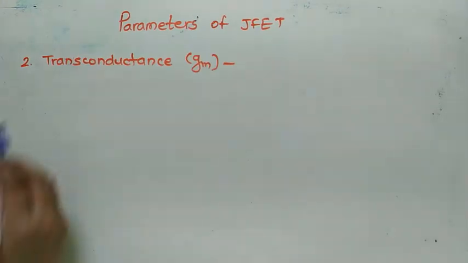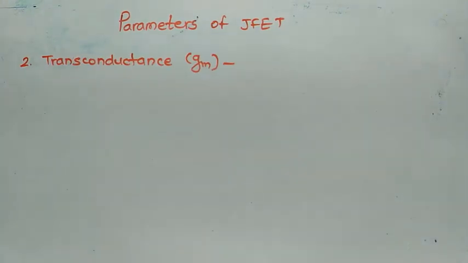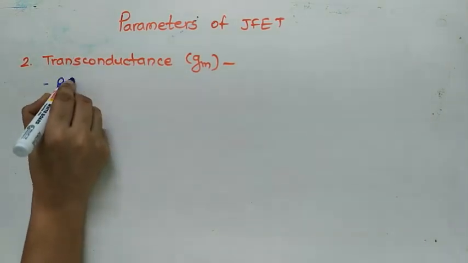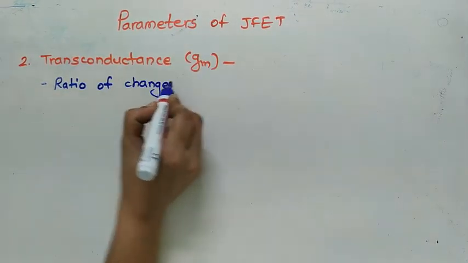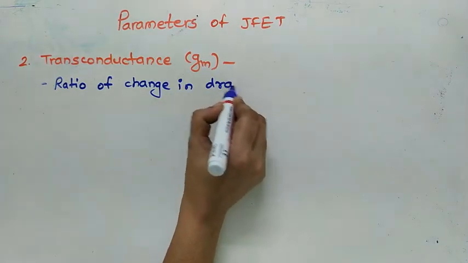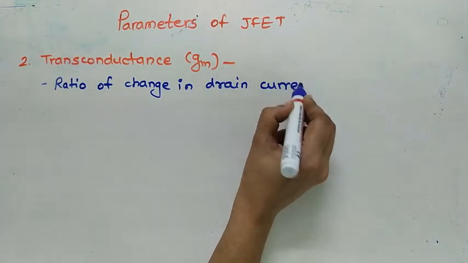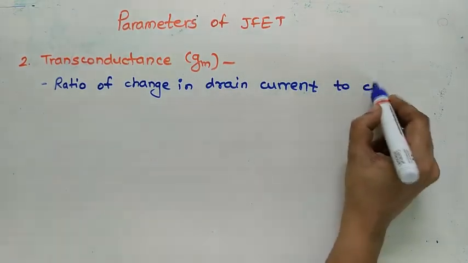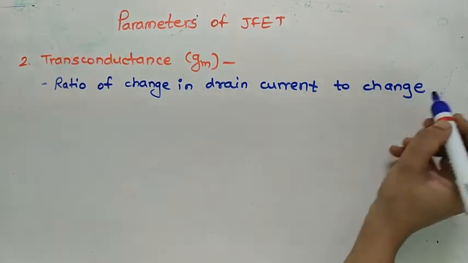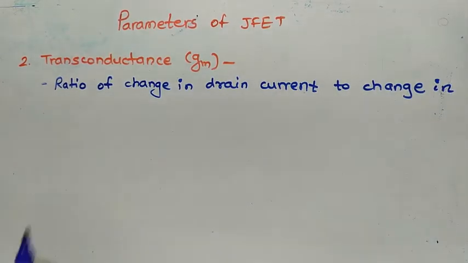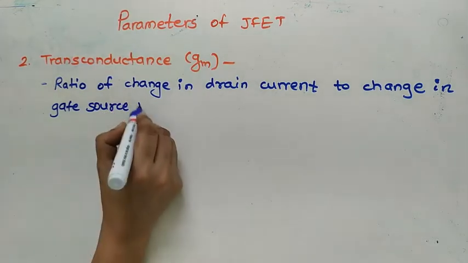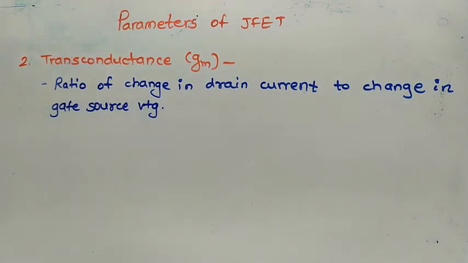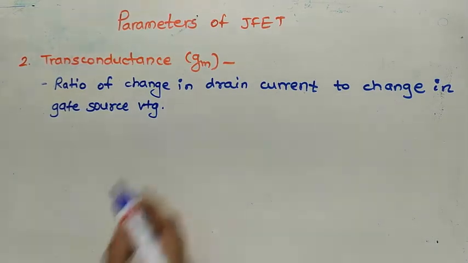The second parameter is transconductance g_m. This transconductance g_m is defined as the ratio of change in drain current to change in gate source voltage, and while taking this, the drain source voltage is constant.